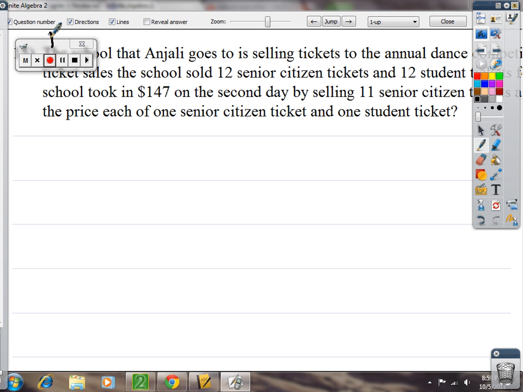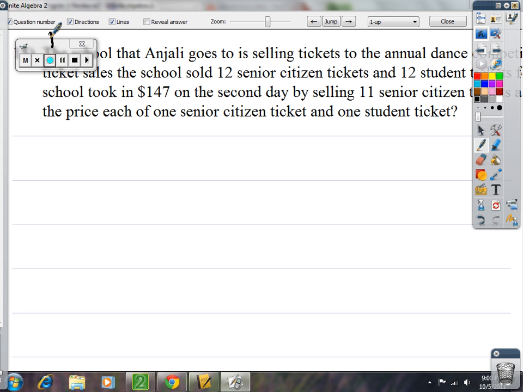But it says the school that Anjali goes to is selling tickets to the annual dance competition. On the first day of ticket sales, the school sold 12 senior citizen and 12 student tickets, and they made a total of $204. The school took in $147 on the second day.